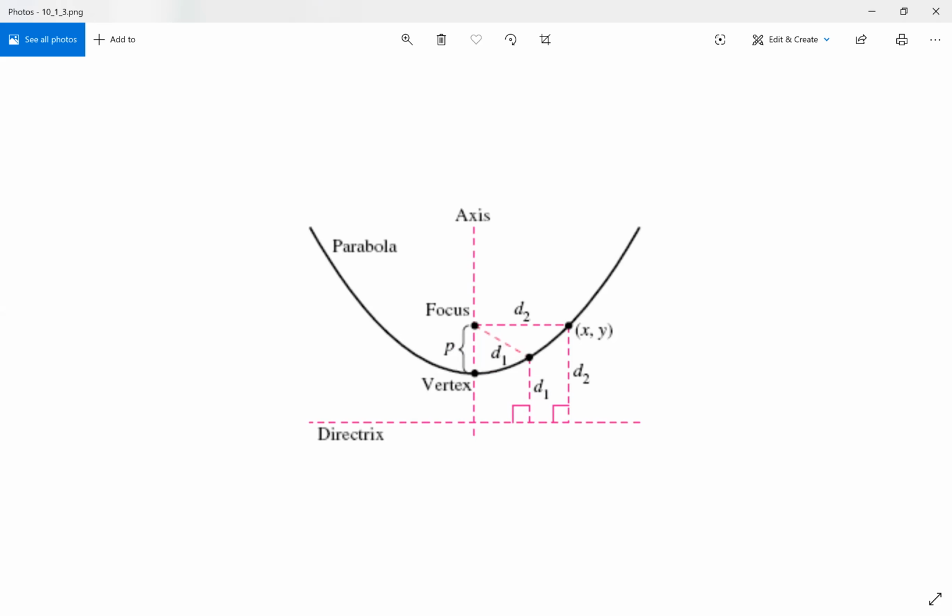And that's where you see D1 and D1. You see the distance from the focus to a point on the parabola and the distance from the directrix to a point on the parabola. And then you see similarly for D2. The vertex is right in the middle between the focus and the directrix, and the axis runs through those 2 points. So from this, we can create the standard form or equation of the parabola.